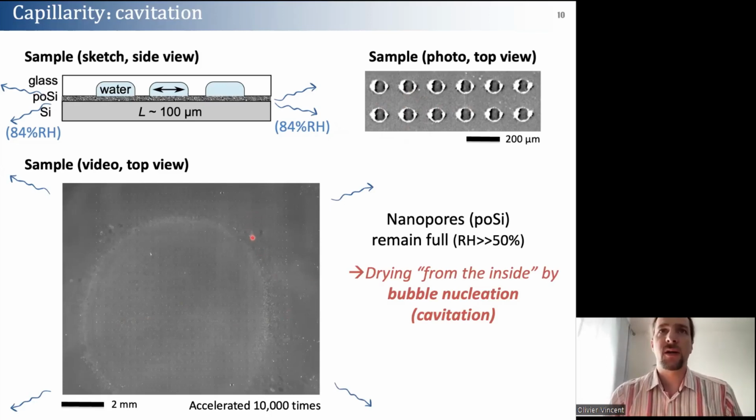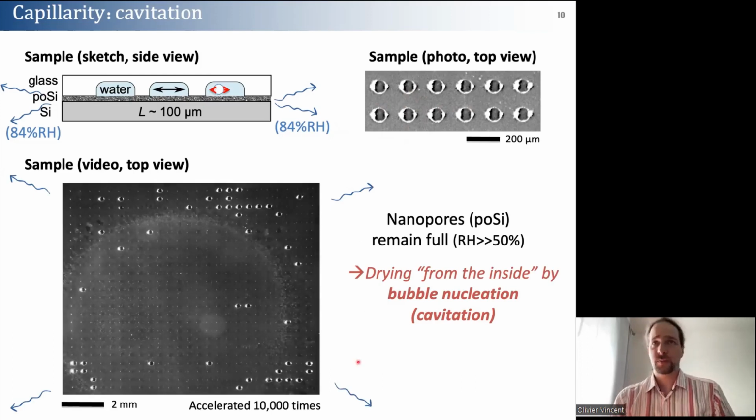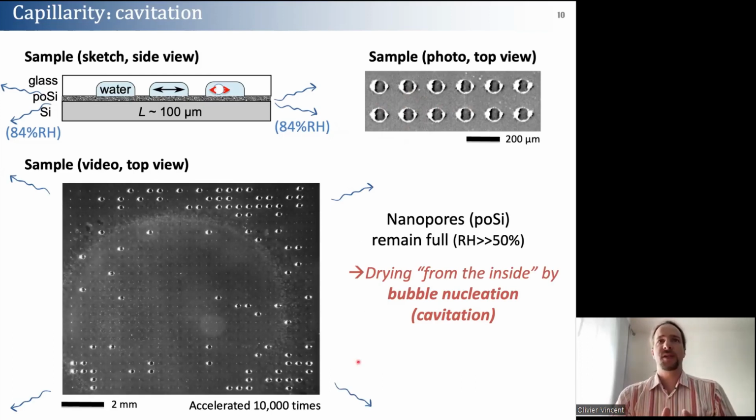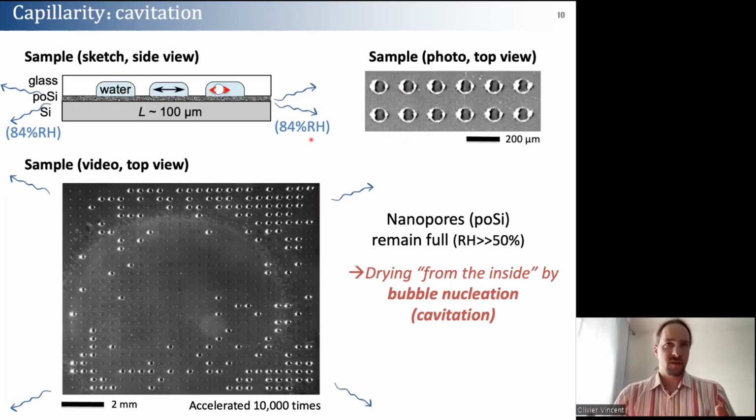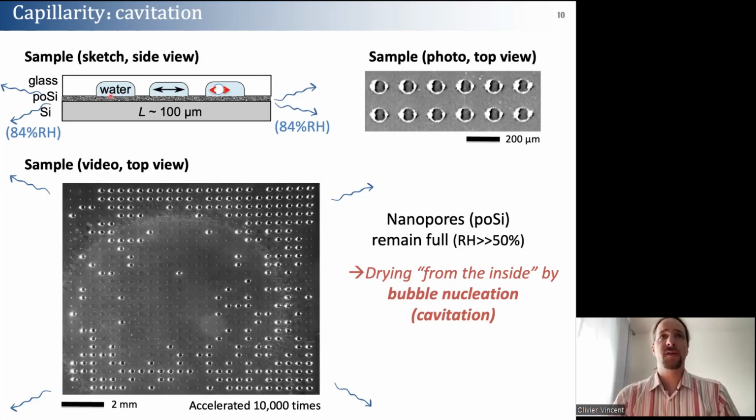Probably from your screen you won't see much, but there's an array of these microcavities, and they're full at the moment, and they become very bright when they empty, and you will see them appearing from the medium. So when we put the system full at 84% relative humidity, the system starts drying, but it dries by emptying these microcavities.